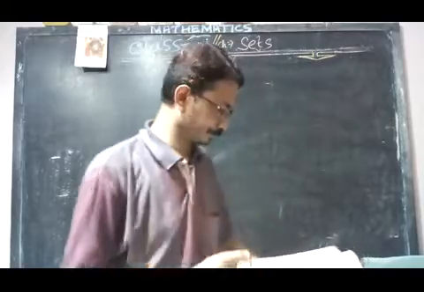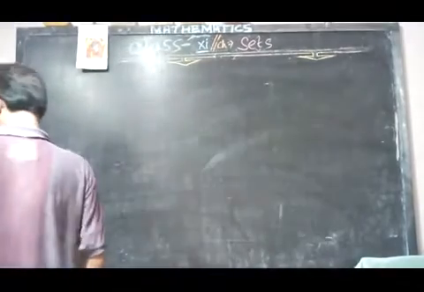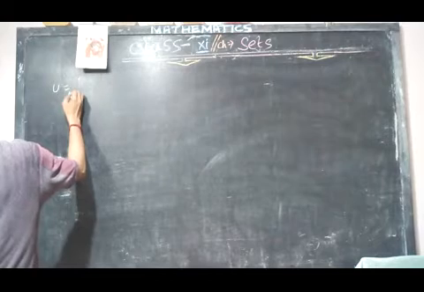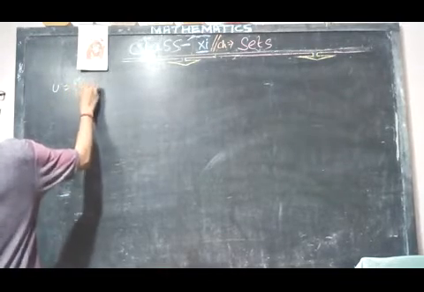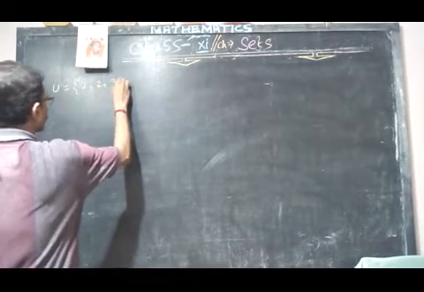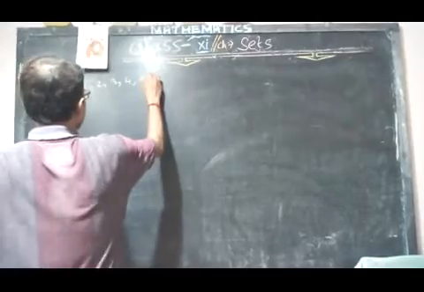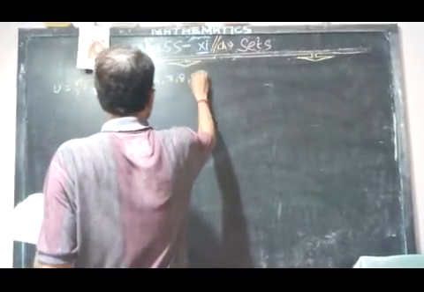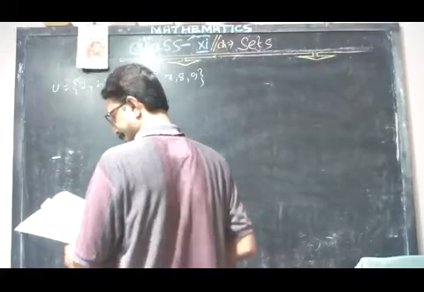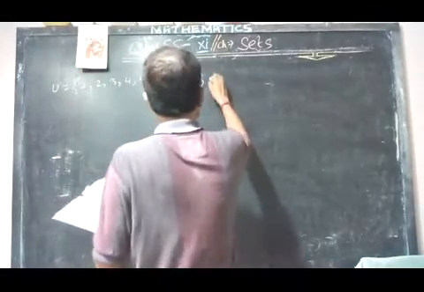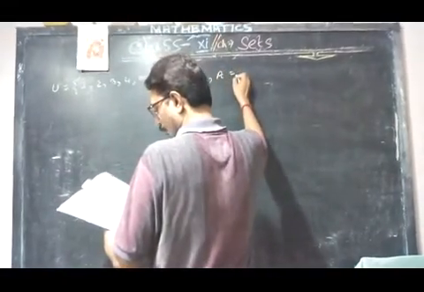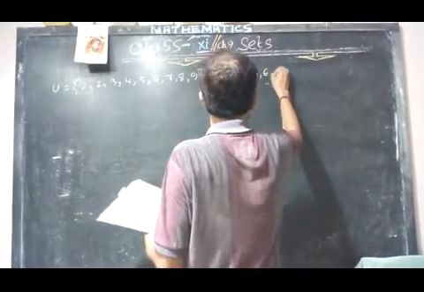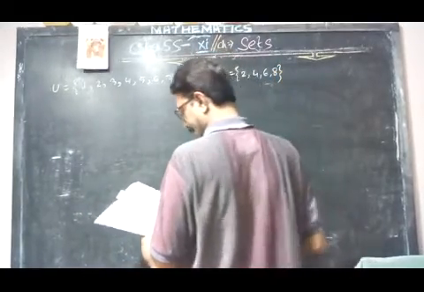Next problem. Universal set 1, 2, 3, 4, 5, 6, 7, 8, 9. A is 2, 4, 6, 8.